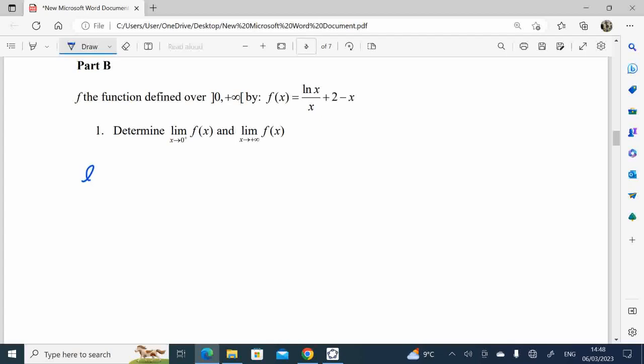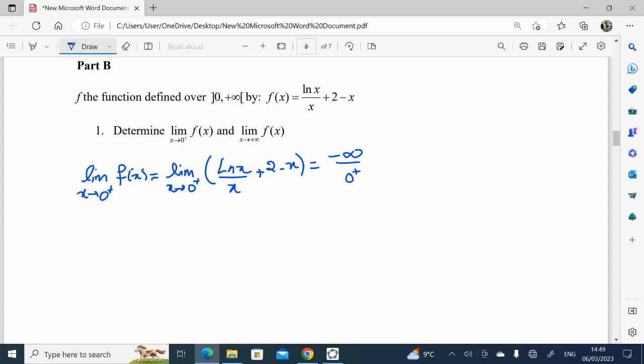So let us start. The limit as x approaches 0 plus of f of x is equal to the limit as x approaches 0 plus of ln x over x plus 2 minus x, which is equal to: ln x as x approaches 0 plus is minus infinity over x, which is 0 plus, plus 2 minus 0.